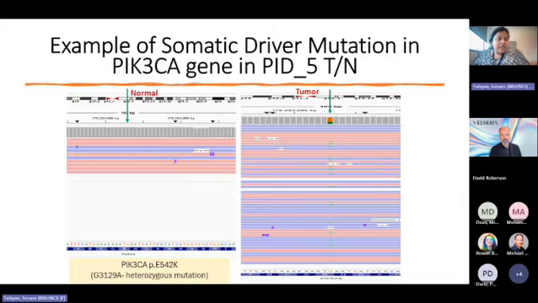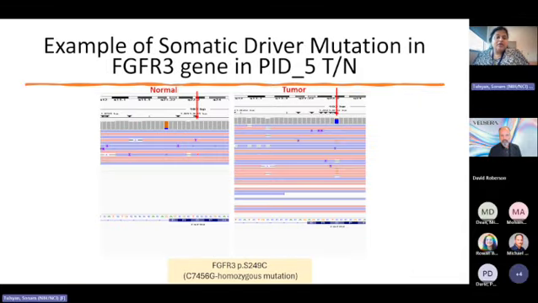We can clearly see that there is no change in the normal sample, but in the tumor sample there is a change from G to A nucleotide, showing that this is a heterozygous mutation. Another example of a somatic driver mutation in the FGFR3 gene shows no change over here, but there is a change showing a homozygous mutation.